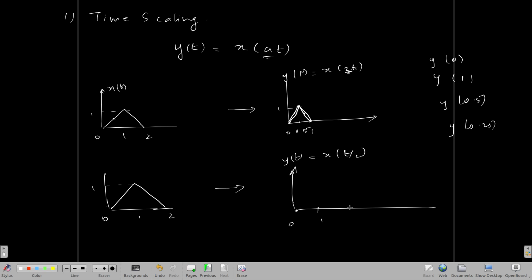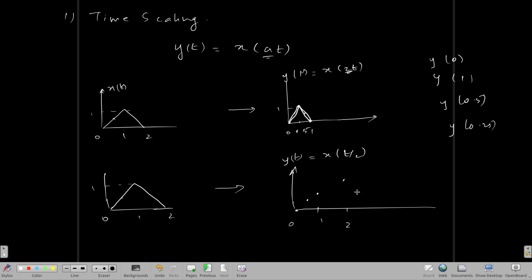So 0, 1, 2, it is this one, right, this value. What is y of 0.5? It is x of 0.5 by 2, that is x of 0.25. What is y of 2? It is x of 1. So what is coming here?